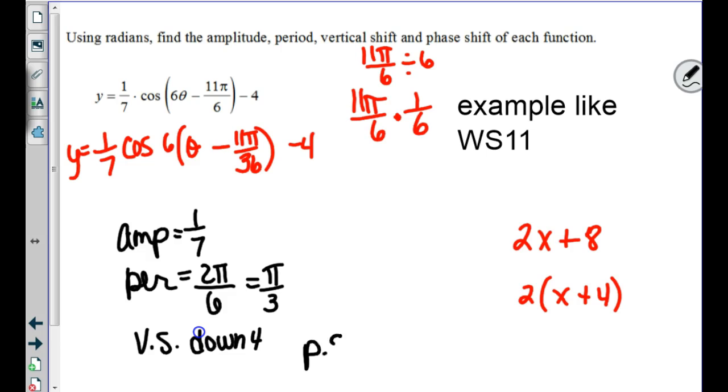And then the phase shift. If you did opposite of C over B like you were probably taught in trig, you'd still get the same thing, but because we factored it, you can clearly see that it's to the right 11 pi over 36, because the sign is the opposite of the direction, right? Sorry, thanks for catching me.